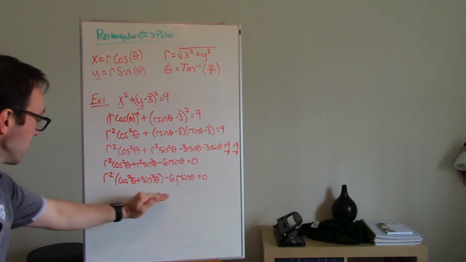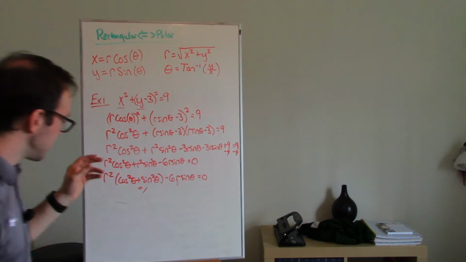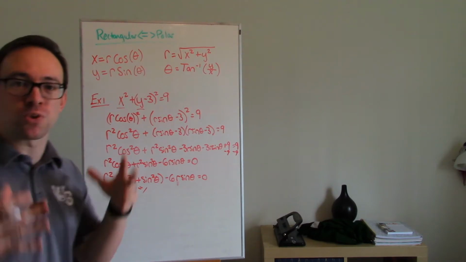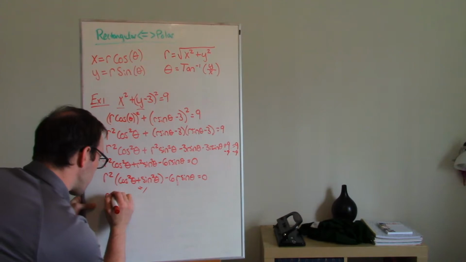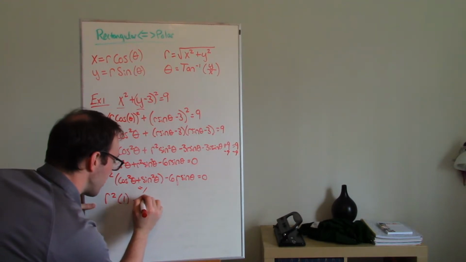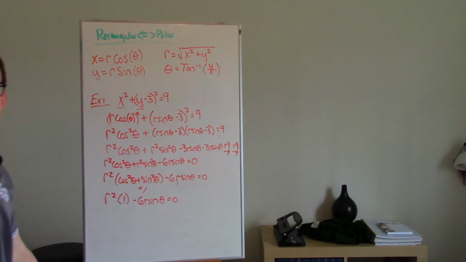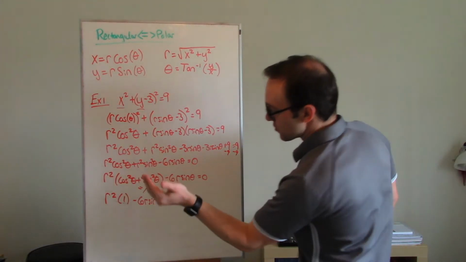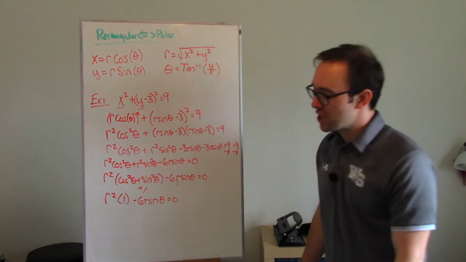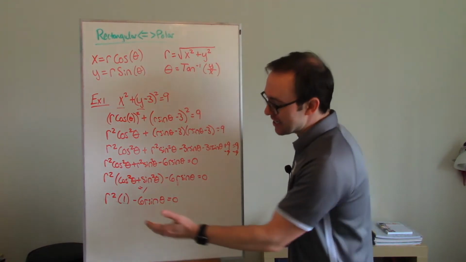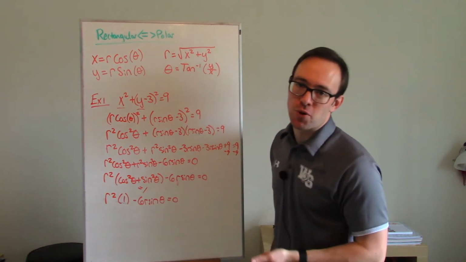So we factored it out right here, and this equals 1, because sine squared and cosine squared equals 1. So that's where we are. So r squared times 1 minus 6r sine of theta equals 0. From here, we're going to go ahead and solve for r. How we do that is, for this particular case, we're going to move the 6r sine over and then divide an r from both pieces.